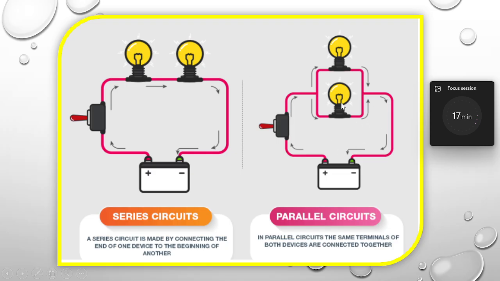Okay. Now, on the other hand, in the parallel circuit, if you see, the same two bulbs, but how are they arranged? This is, let's say, in the classroom, there is one bench and two students are sitting. So you will see student one and student two sitting side by side. Right.